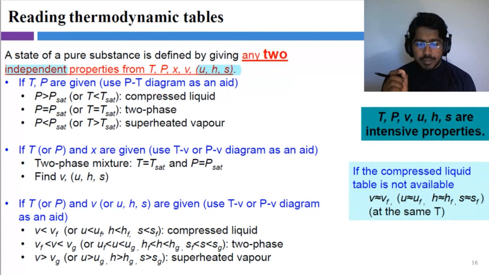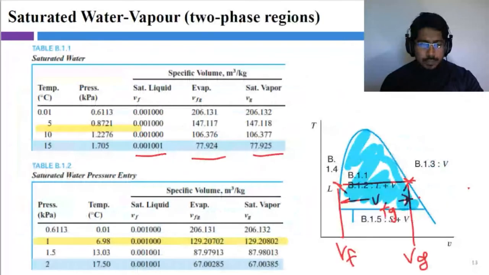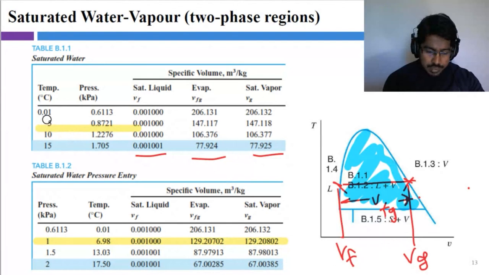It's the saturation temperature and pressure. If you remember, even in the tables, these come in pairs, right? For a given temperature, we have the pressure. For a given pressure, we have the temperature.